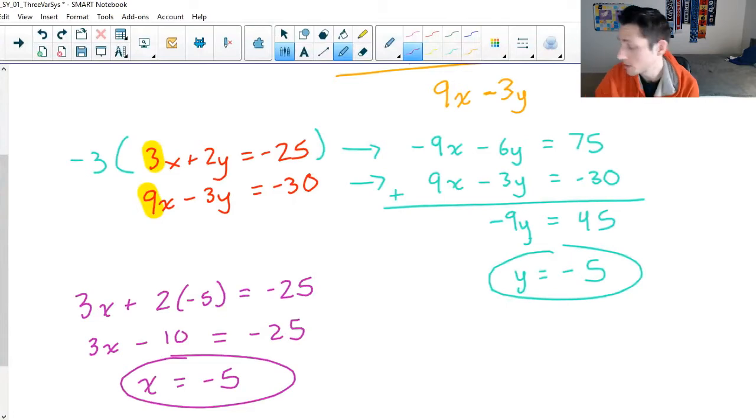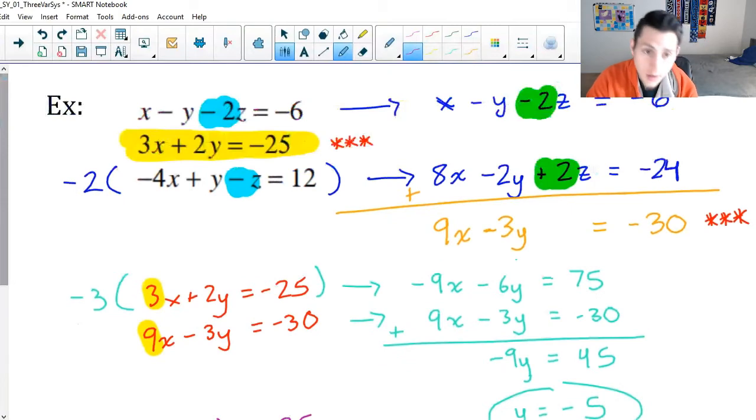So now I have the value of x, I have the value of y, but I still need to figure out what is the value of z. So we'll go all the way back to one of our original equations, one of those first three original equations that my problem had, and I'm going to plug in x and y into one of those equations.